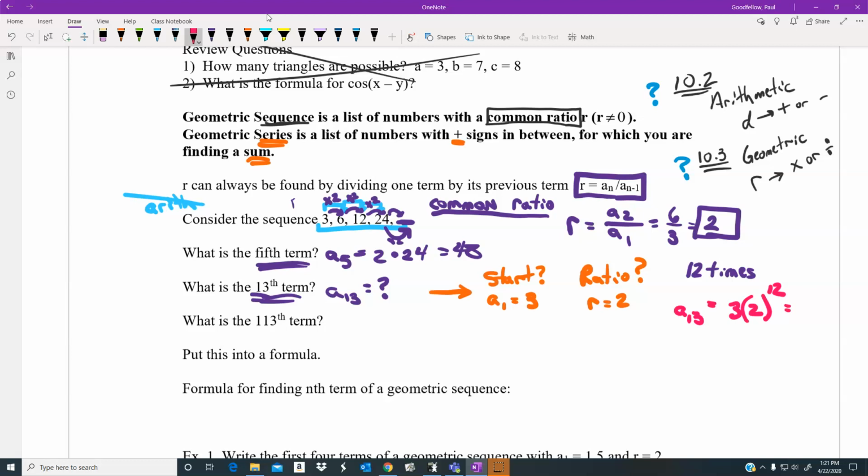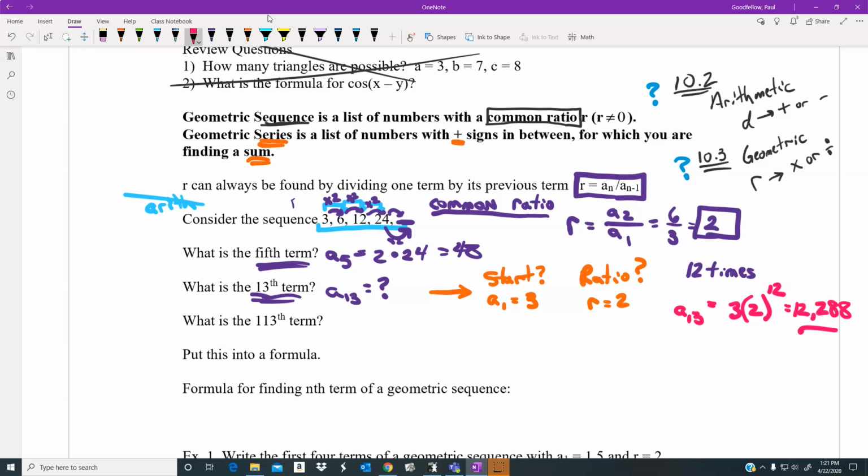And this particular answer would return the 13th term, which happens to be 12,288. Holy moly, that thing's huge. So you've got to be really careful in how that comes out.